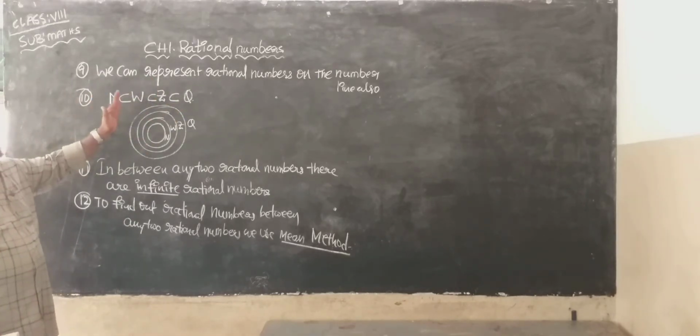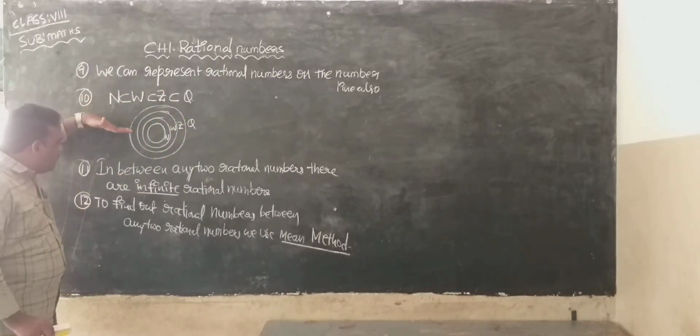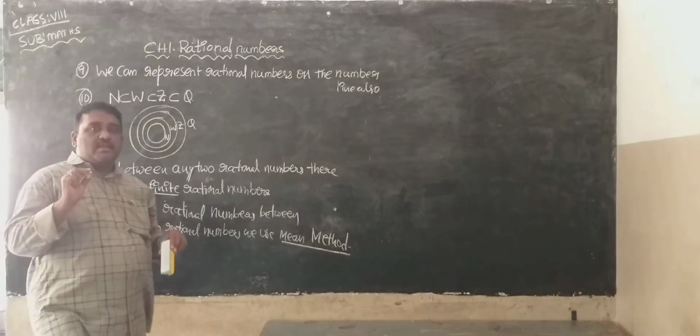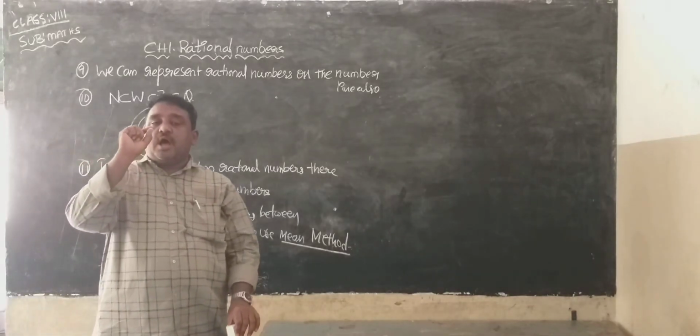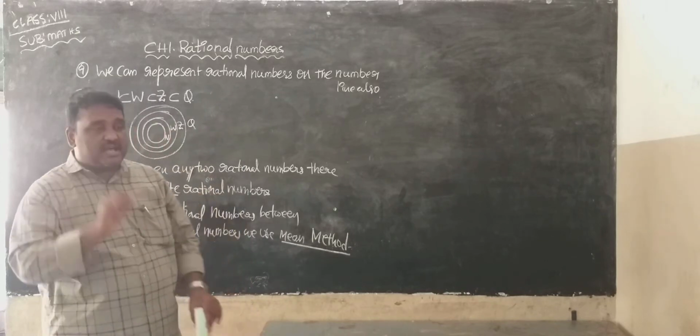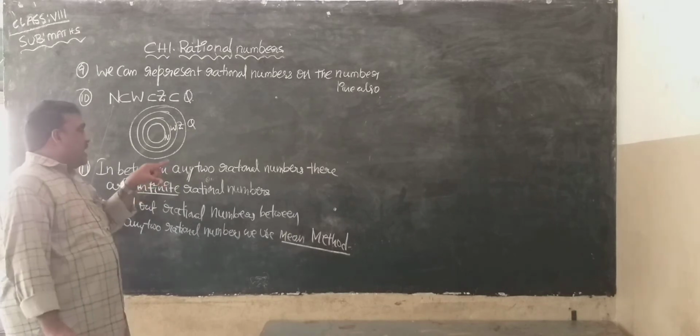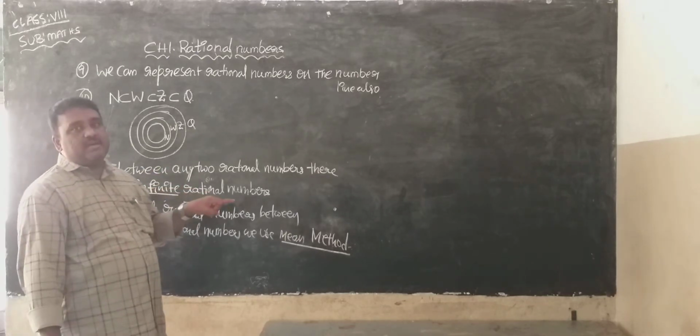N subset W subset Z subset Q. This is the diagrammatic representation. Then in between any two rational numbers, there are infinite rational numbers.